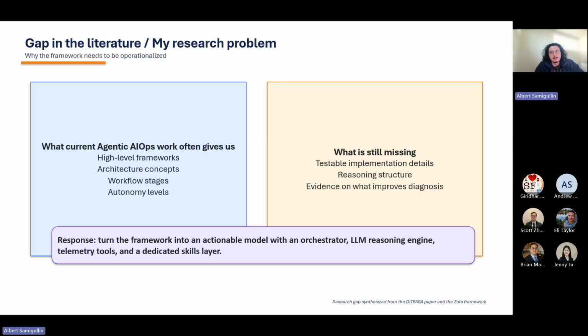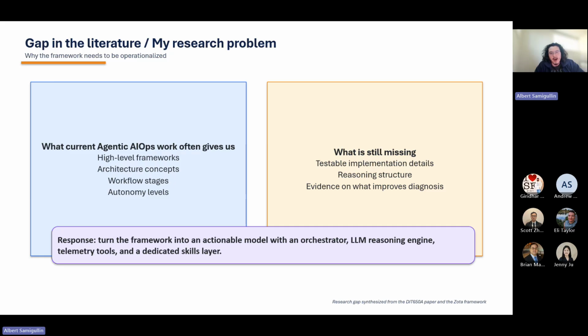So the problem I see is that current agentic AI ops work often stays at the framework level. It describes what an agentic system should do, but it doesn't fully specify how to operationalize that framework into a testable implementation. And it's often not clear what makes one agent better than another, what reasoning structure it follows, or how its behavior should be evaluated.